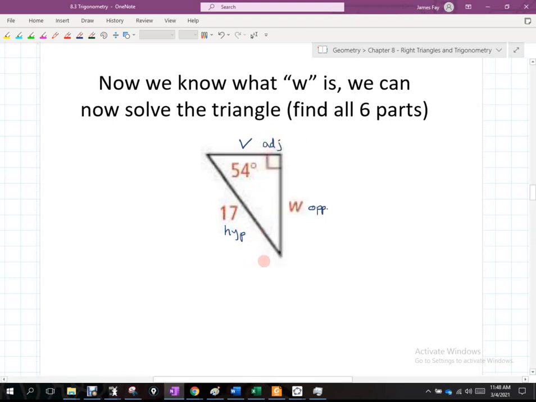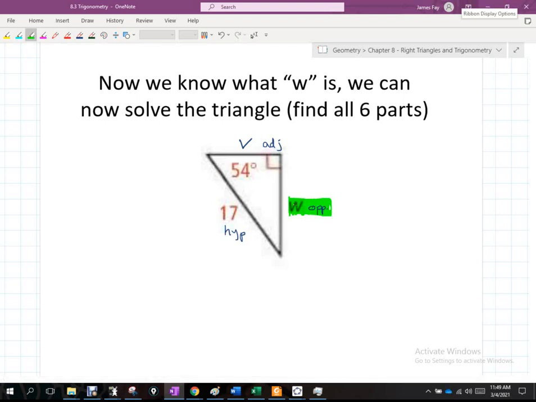Now, do you want to find V or W first? It does not matter, and it usually won't. If I choose to find W, that is going to be the one variable in my equation.